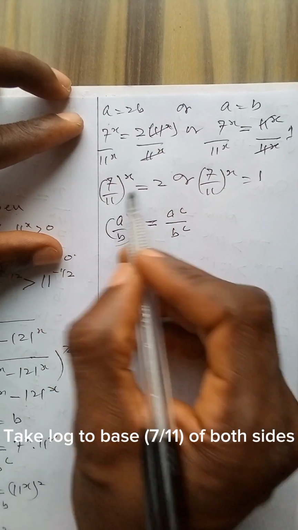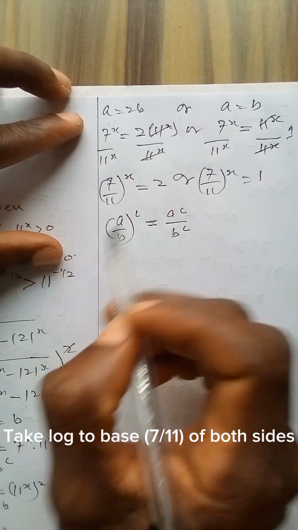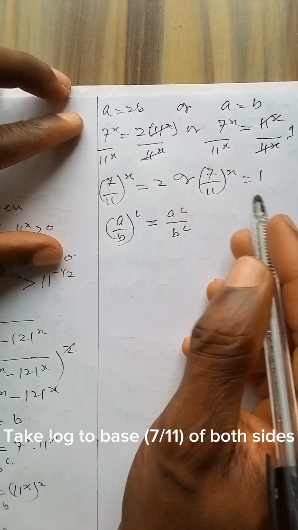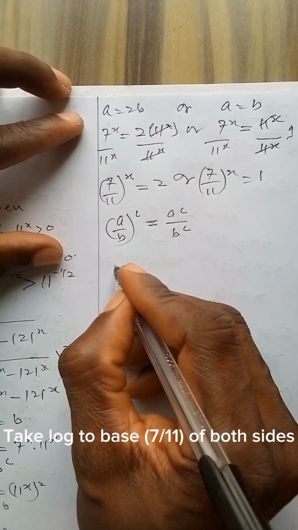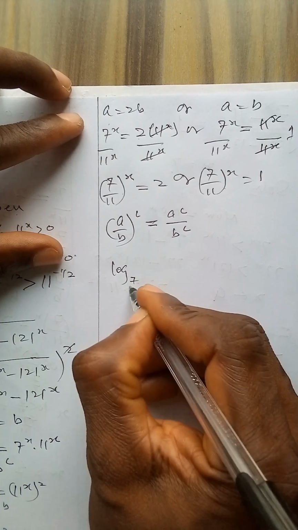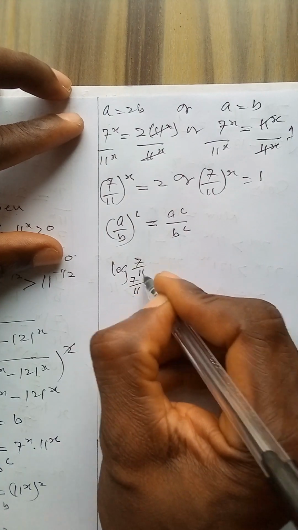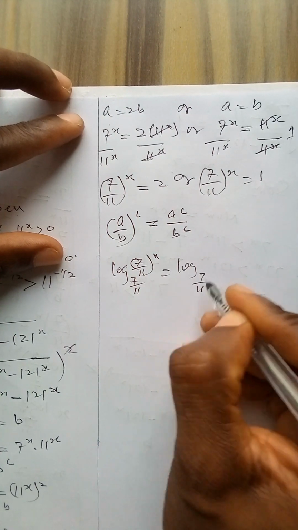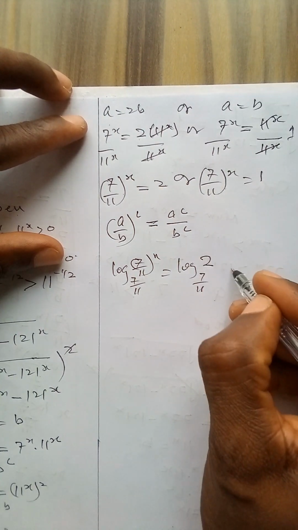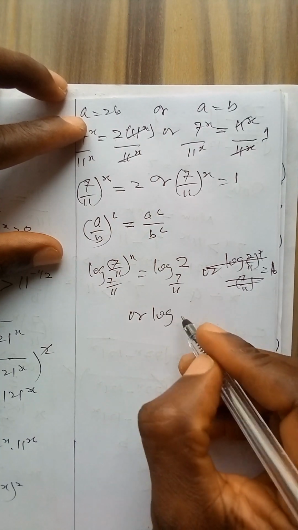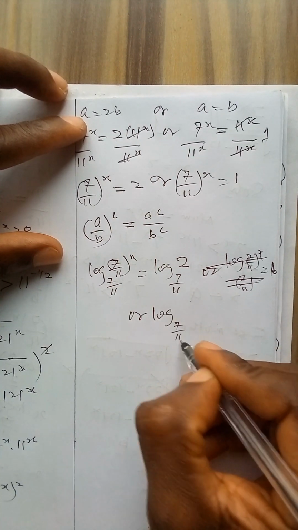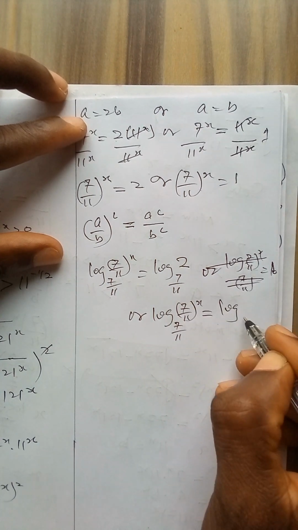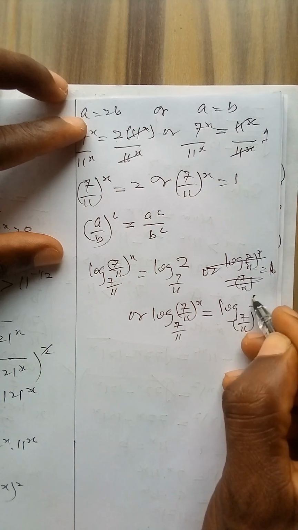So I have an index equation or an exponential equation. We want to convert this to logarithm. For that to happen, we are going to take log of both sides in both cases. So if I take log to base 7 over 11, log to base 7 over 11 of (7 over 11) to power x is equal to log to base 7 over 11 of 2, or log to base 7 over 11 of (7 over 11) to power x is equal to log to base 7 over 11 of 1.